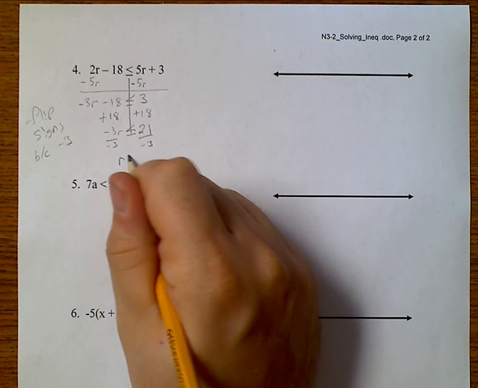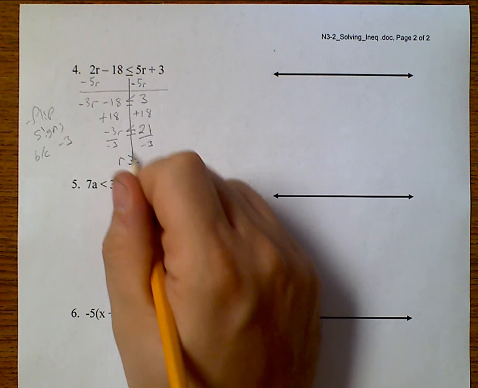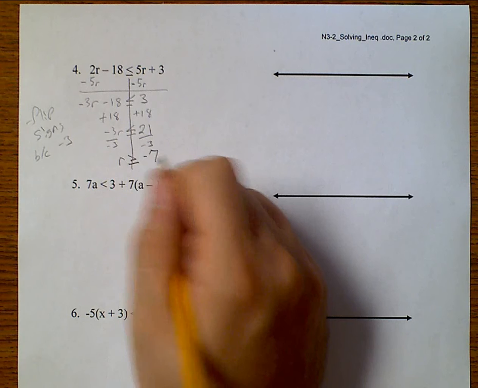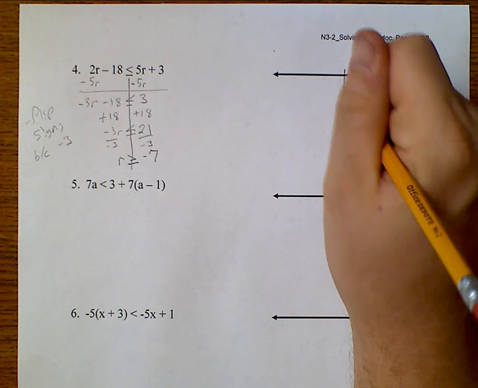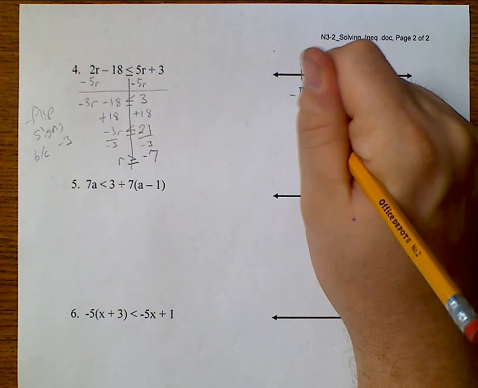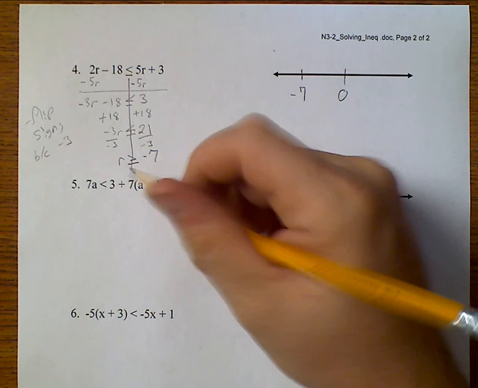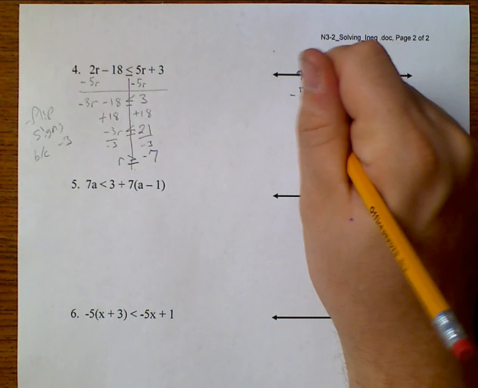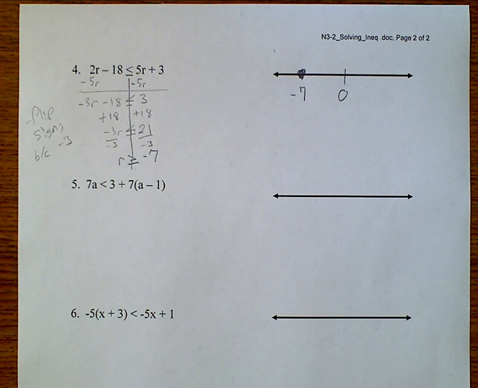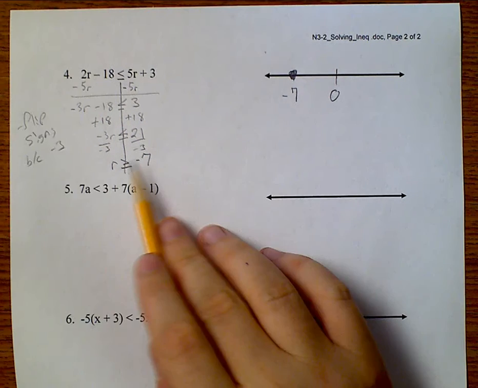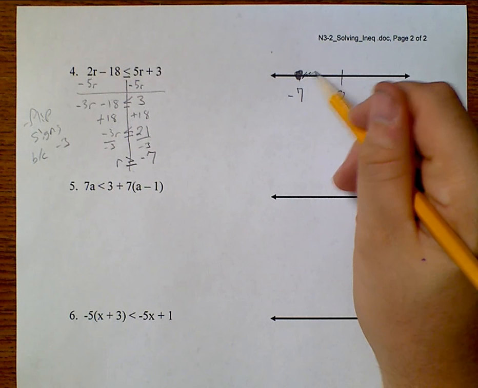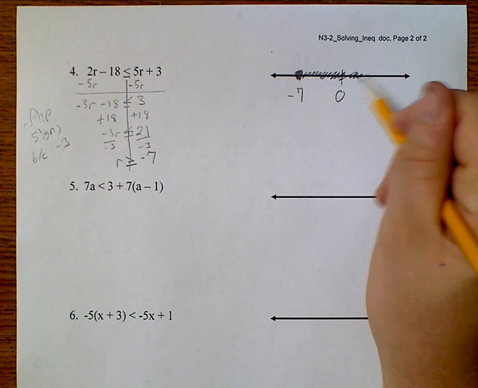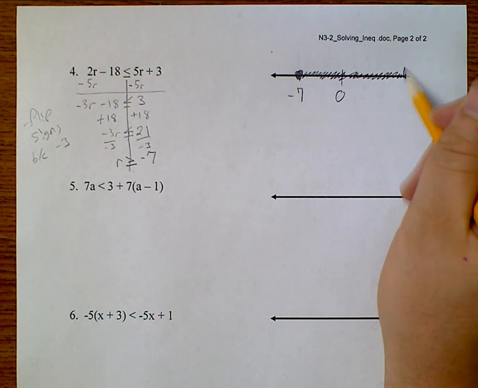And so it's greater than or equal to negative 7. Put 0 and negative 7. Because of the equals bar, I shade it in. And 0 is larger than negative 7. So I'm going to shade toward 0, going to the right for greater than.